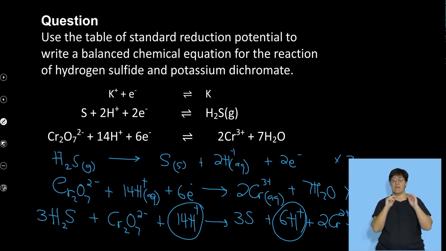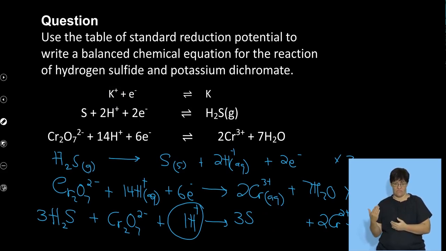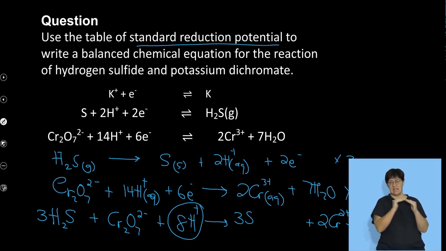So we can get rid of those on the left-hand side and say we are left with 8. So this becomes our balanced equation of reaction. That's our balanced equation of reaction. So this is how we actually use our standard reduction potential tables.